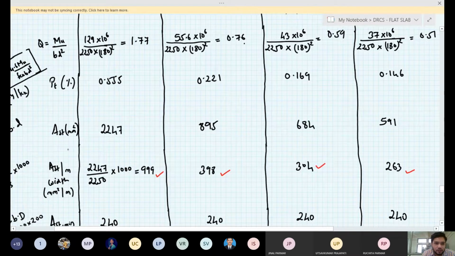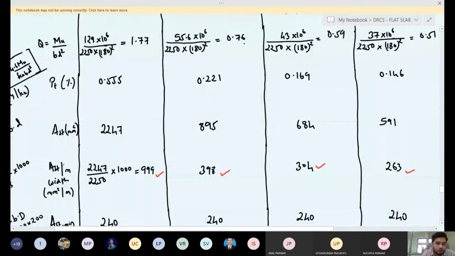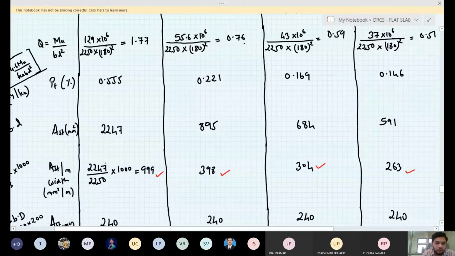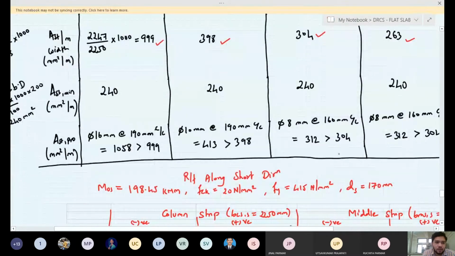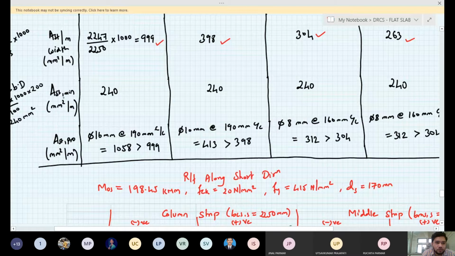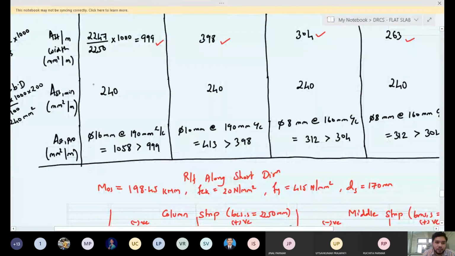With this, AST is for the full width. We then find the AST per meter width, and we also check the AST minimum, and then we provided the AST, and we ensure that the AST provided is greater than the AST required or AST minimum, whichever is greater.